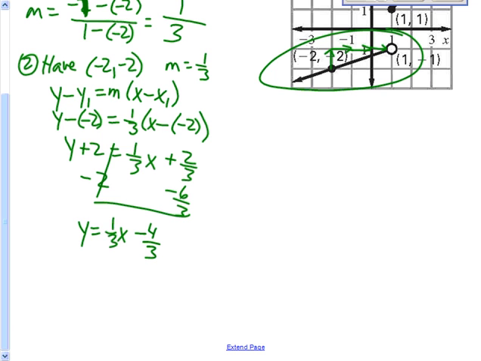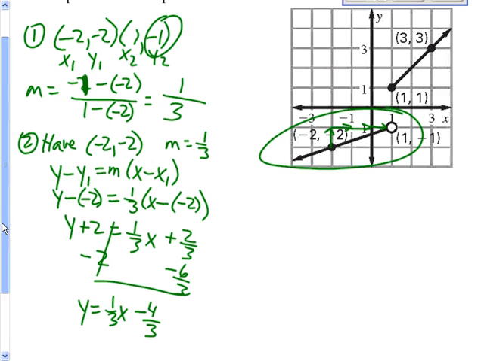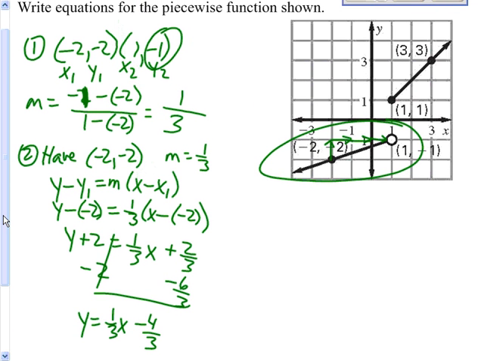Okay, that's the equation of the green line, but you notice it's been restricted, right? Where is this thing restricted? Because it's obviously not this whole line, 1/3 x minus 4/3, is it? You notice right here, that's the beginning point, and it's open.